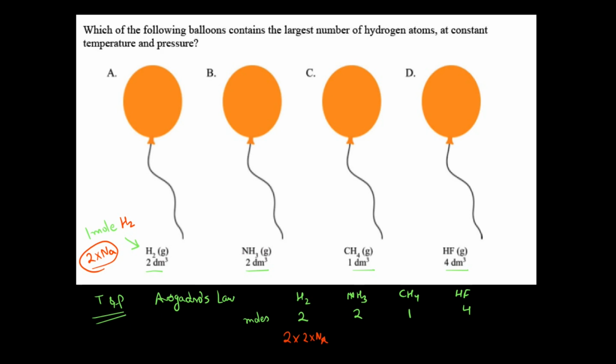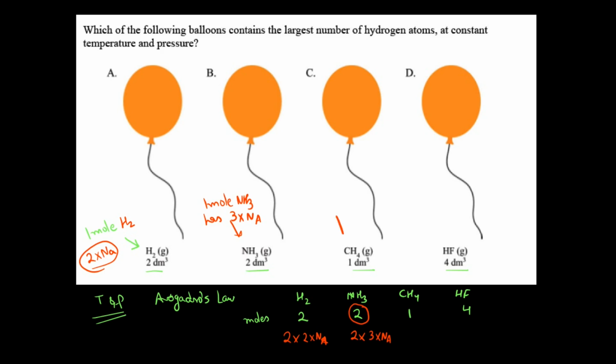Now I know that 1 mole of ammonia has how many atoms of hydrogen? So 1 mole of ammonia has 3 times Avogadro number of atoms of hydrogen. So therefore 2 moles will have how many? 2 times 3 into Avogadro number of atoms.